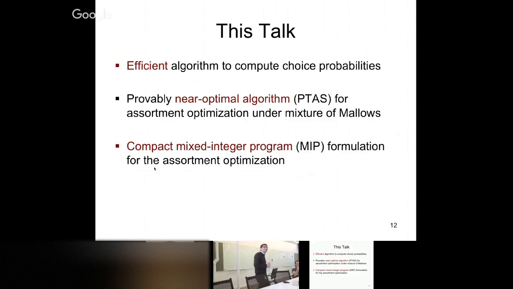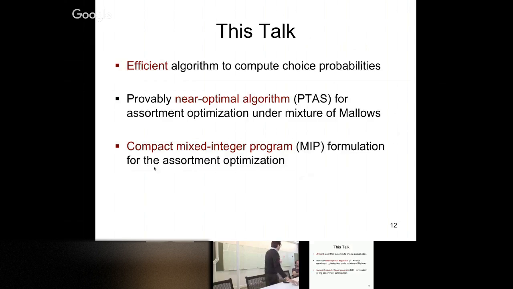Based on that algorithm, we can formulate the assortment optimization problem as a compact mixed integer program with reasonable computational performance. And also, we can give a PTAS for the assortment optimization problem over the mixture model under an additional assumption that I'll get to later.